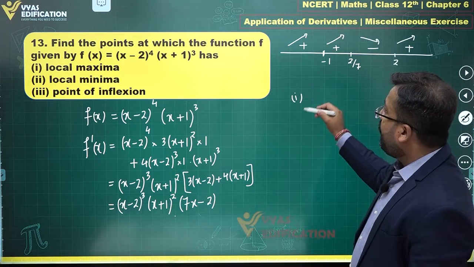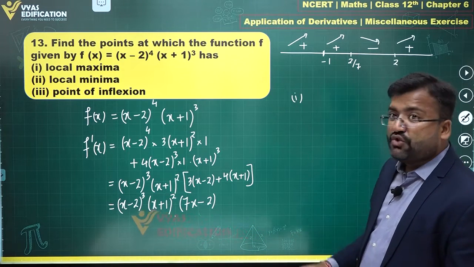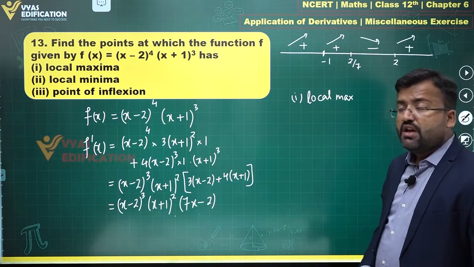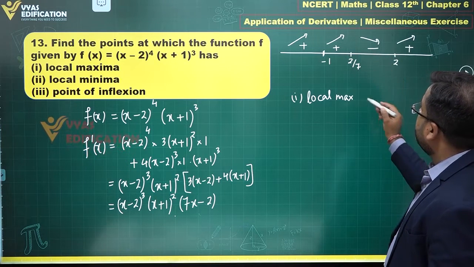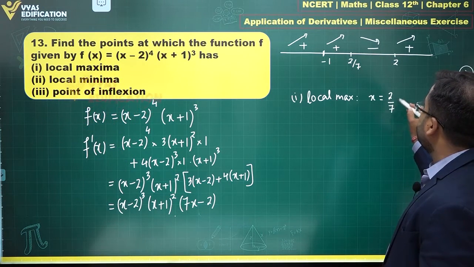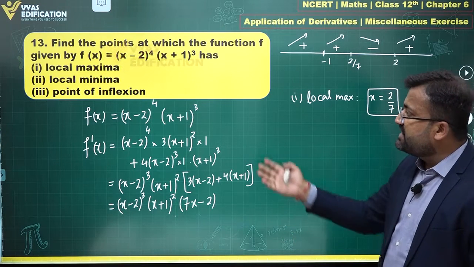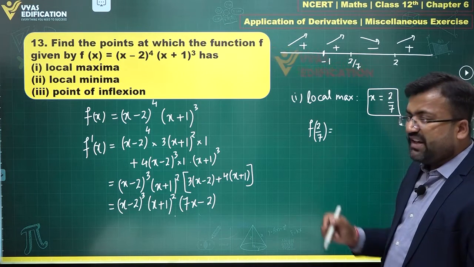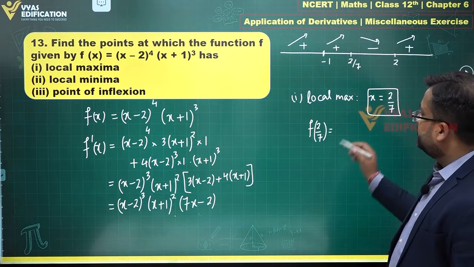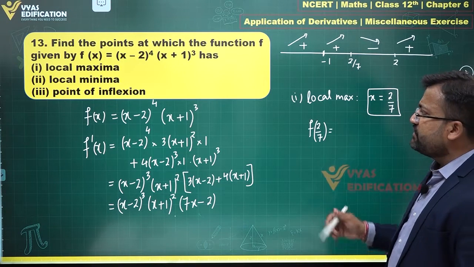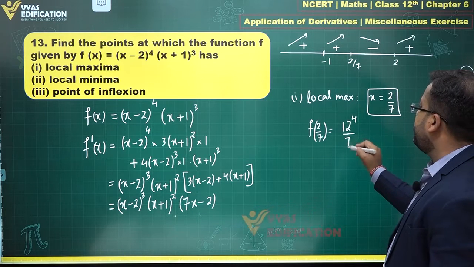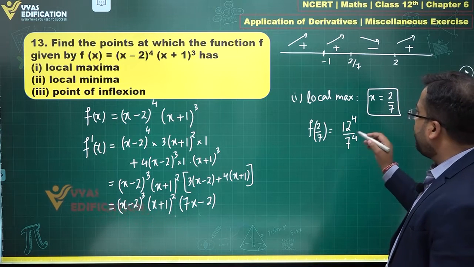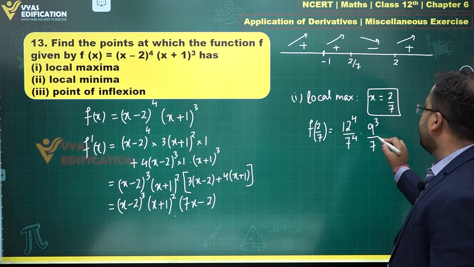So first, the points at which the function has local maxima. For local maxima, what do you think are the points? For a maximum you'll get this kind of a peak, that is at x equals 2/7. And you can also find the value f(2/7) easily. f(2/7) will be equal to (2/7 - 2)^4, that is 2 minus 14 is minus 12 over 7, so 12^4 over 7^4, times (2/7 + 1)^3, which is (9/7)^3, so 9^3 over 7^3.